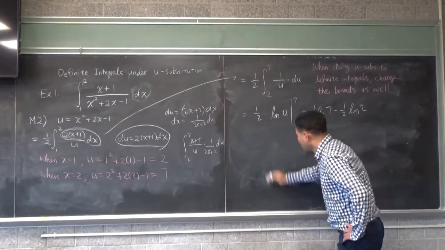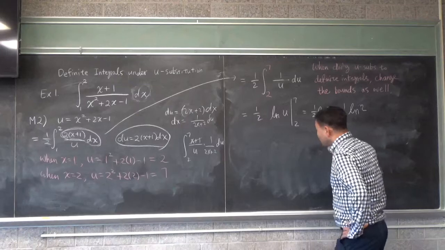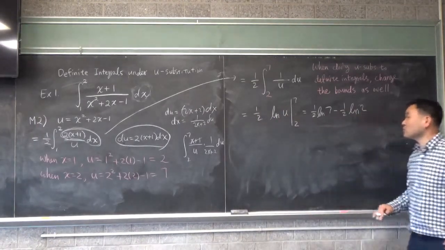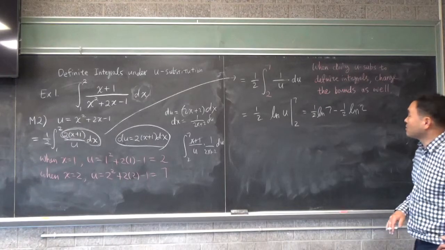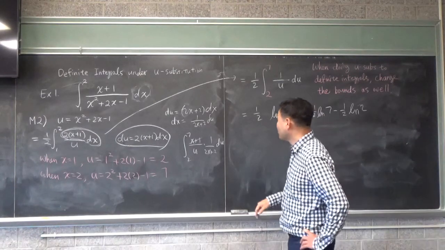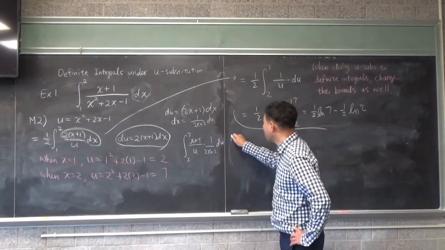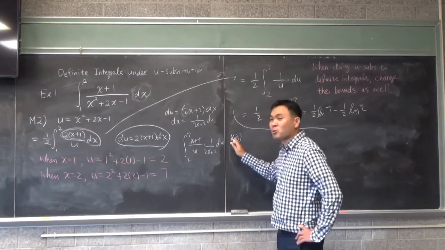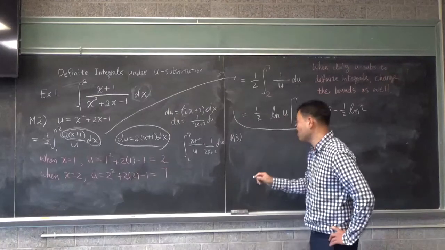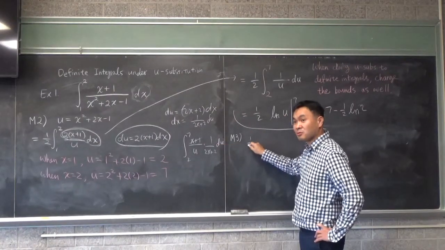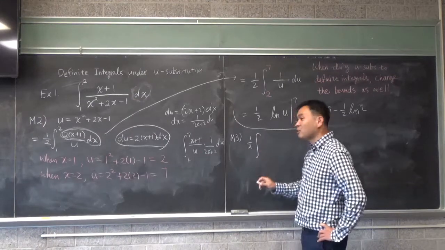Now, some people do not know that they have to change the bounds, and they would do something like this. But I want to write the correct one. So here's method 3. But don't write method 3 because I really don't want you to do method 3. Everything is the same, but you would do something like this: 1/2, and they are really stubborn.